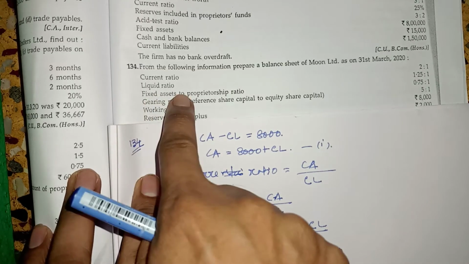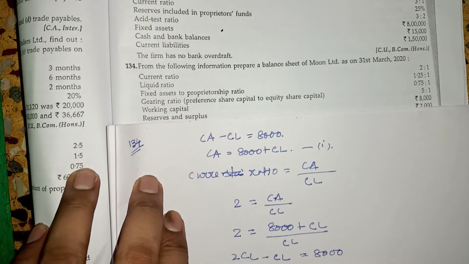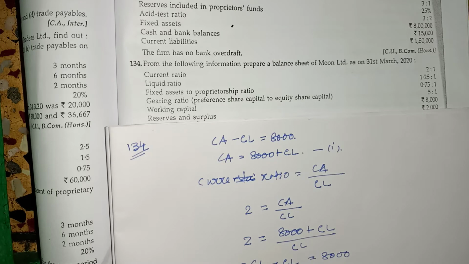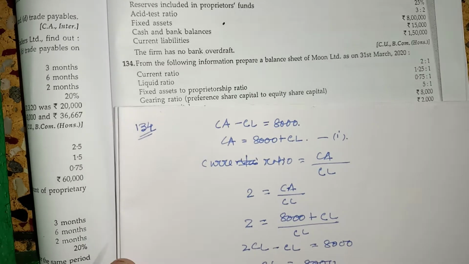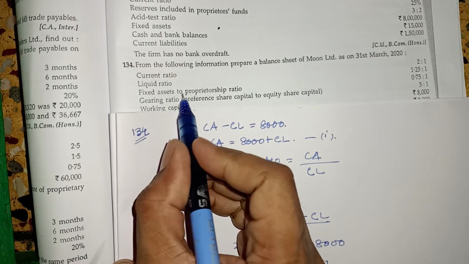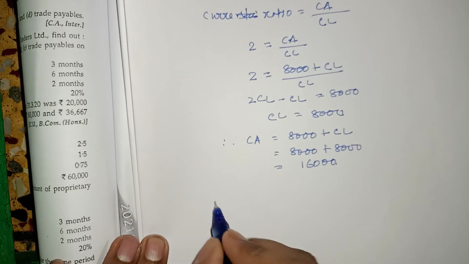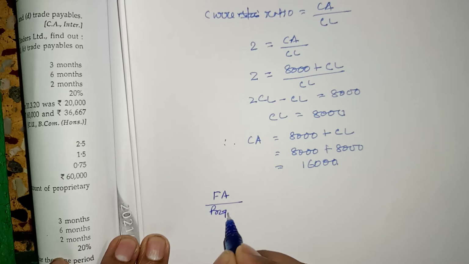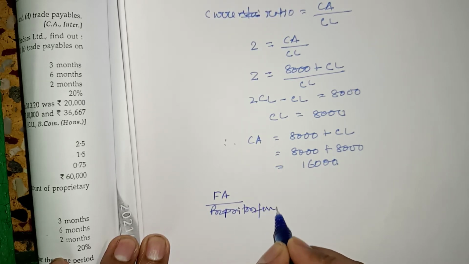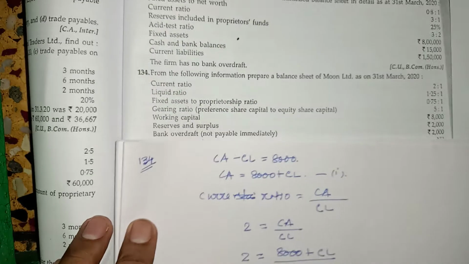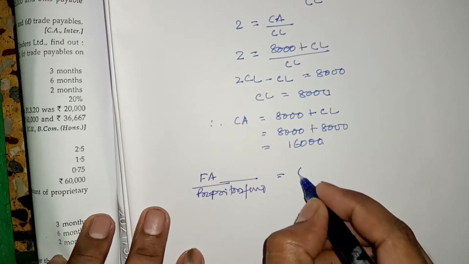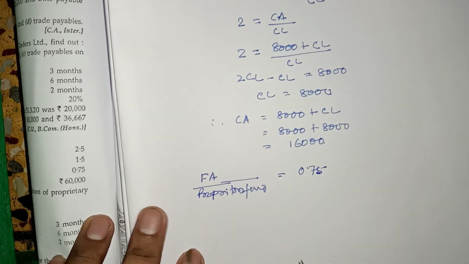Now fixed assets to proprietary ratio. This is a very important part. So it is very important that we know the fixed assets to proprietors fund, fixed assets by proprietors fund, is 0.75.